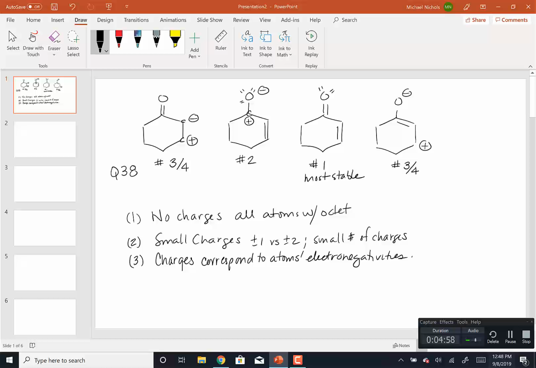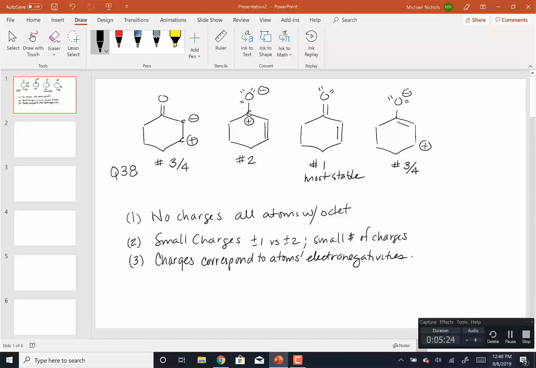Do we call it number 4 because the negative and positive charges are spaced away from each other, or number 3 because the negative charge is on the oxygen, which it should be, and the carbon has less electronegativity and is able to form the positive charge?